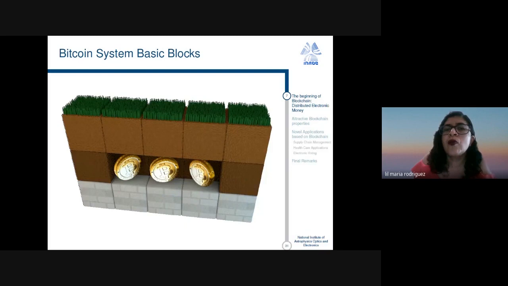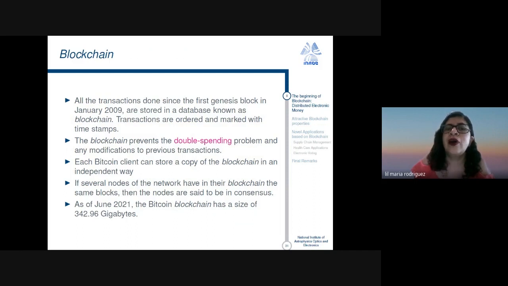Now we need to talk about some other basic blocks, which we can consider Bitcoin basic blocks. It's not more cryptography, it's just some interesting parts of Bitcoin. The first one is, of course, the blockchain. All the transactions done since the first Genesis block in January 2009 are stored in database nodes as the blockchain. Transactions are ordered and marked with timestamps.